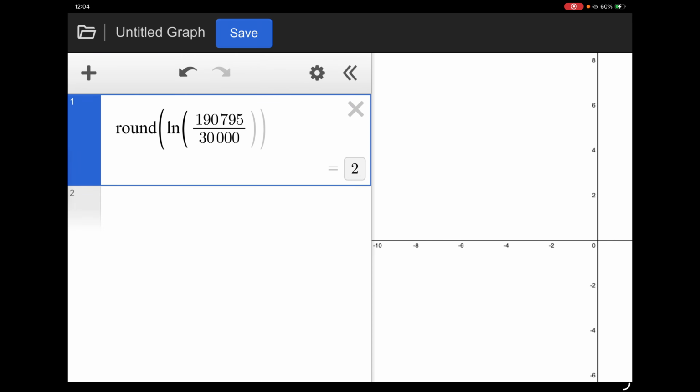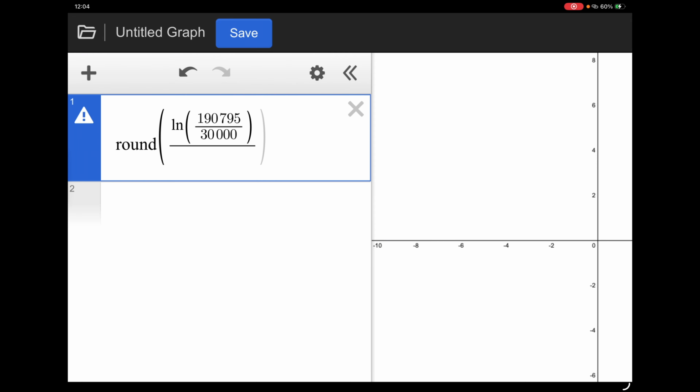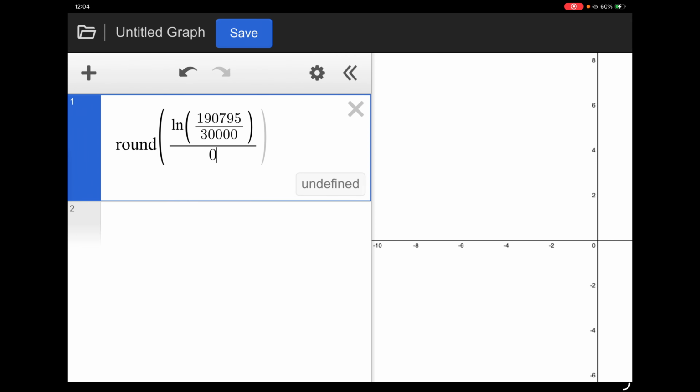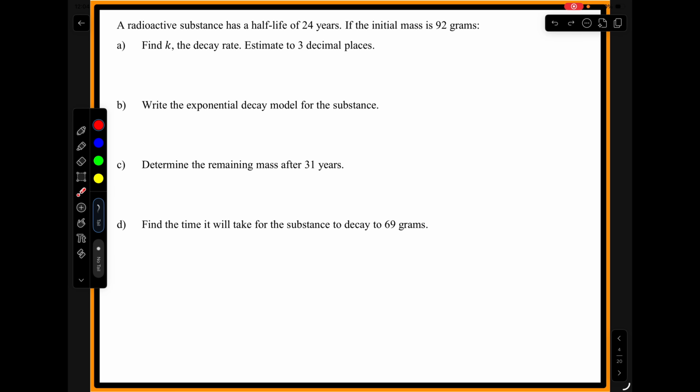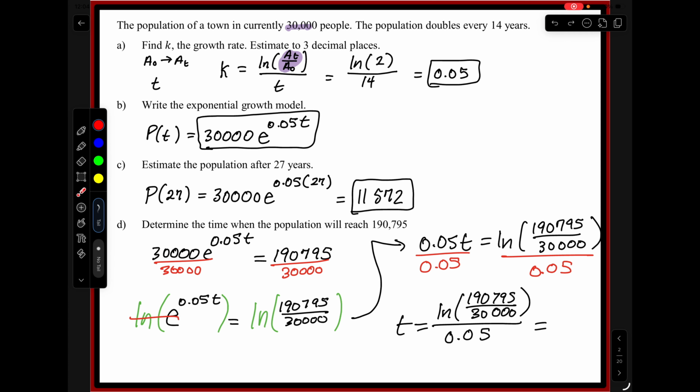Closing the parentheses on that, and then that being divided again by our K value, which was 0.05. So rounding that to those decimal places, that's going to be a total of 37 years. So it's going to take 37 years for the population to go from 30,000 to 190,000 and change.